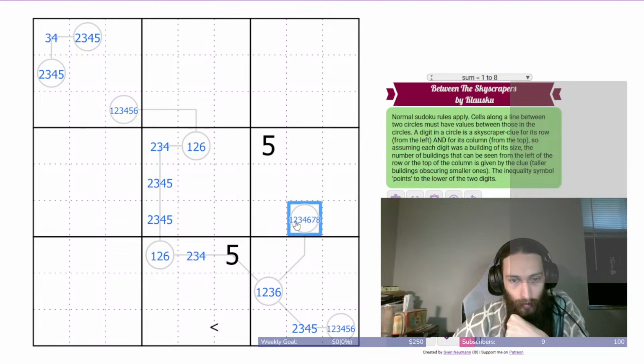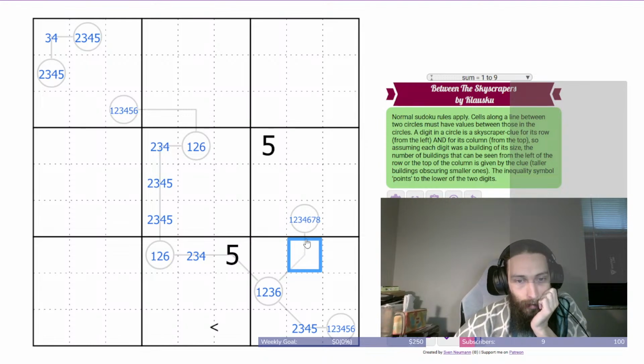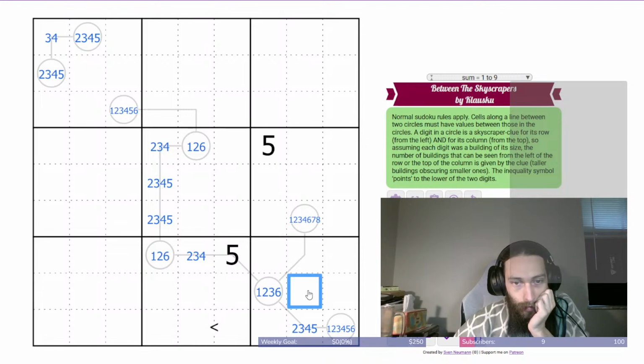If this was an 8, you have a 9 here, but you can also have the 9 here, and those don't overlap. 7, you have the 9s like this. And you couldn't put a 9 here, that's not allowed, but you could still put the 9 afterwards, and then they don't have to be in the same box.